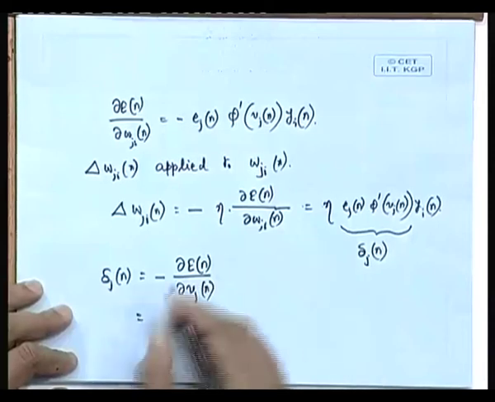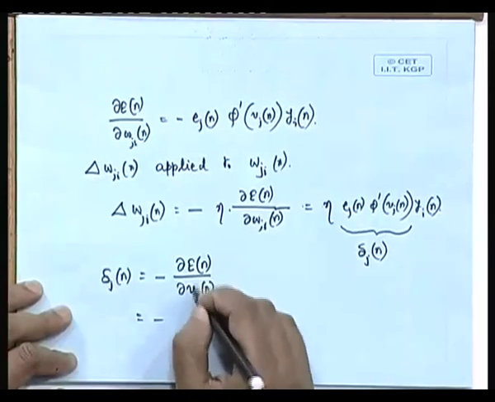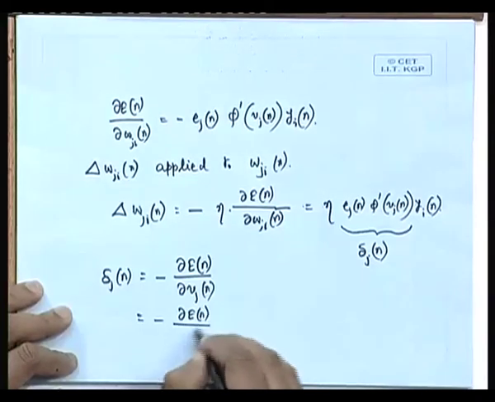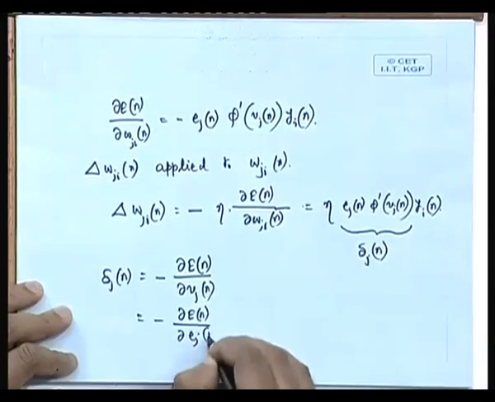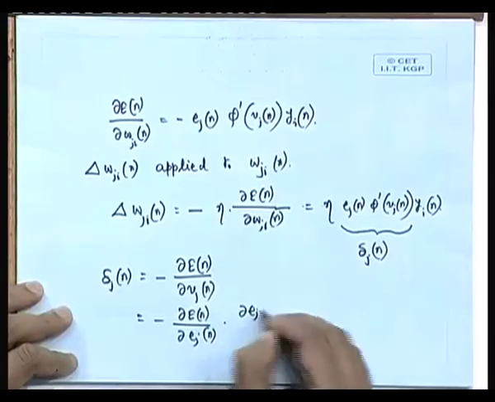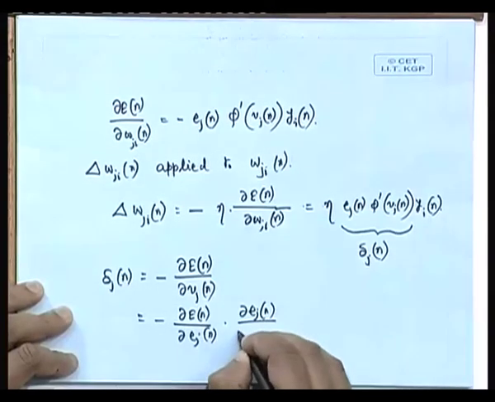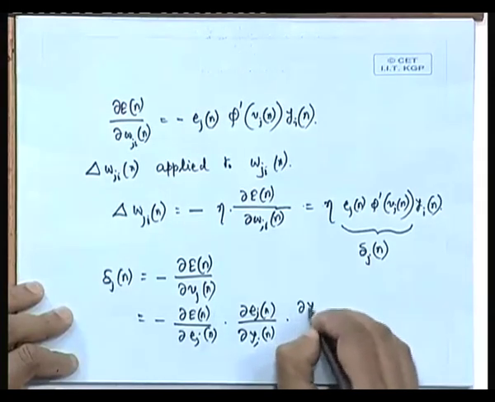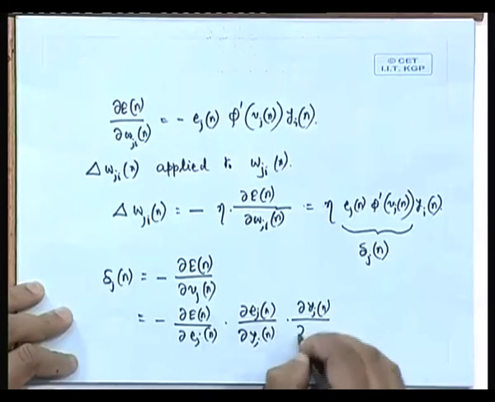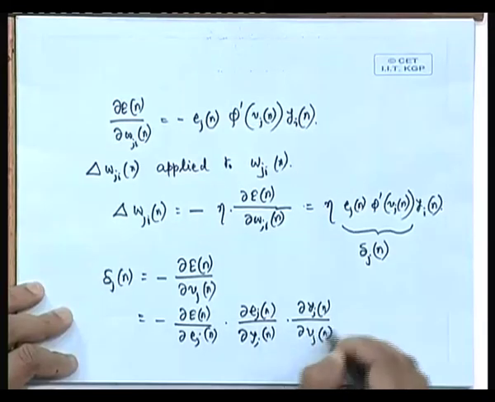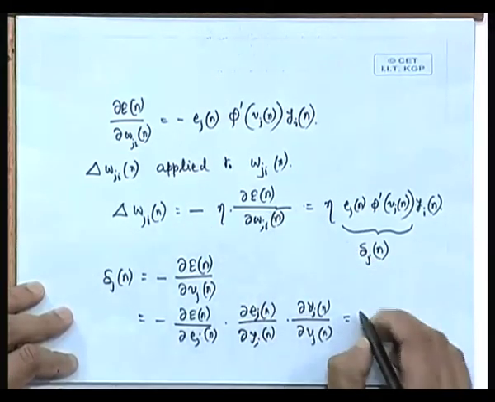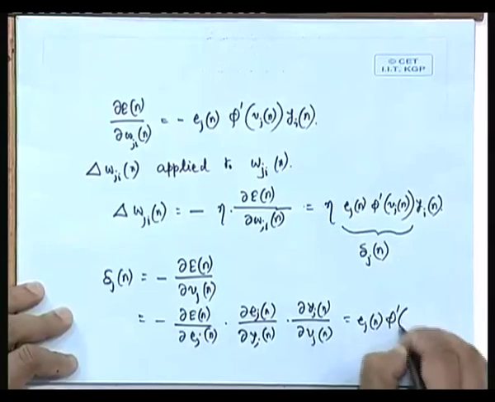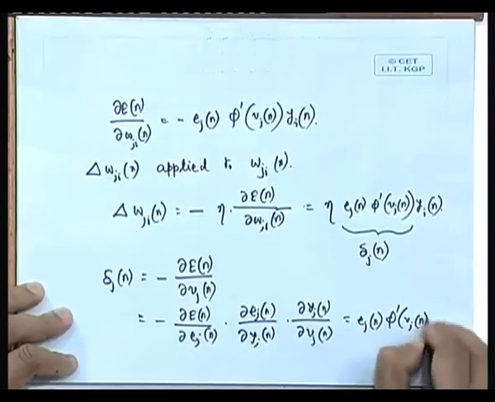So this in fact could be expressed as minus ∂E(n)/∂v_j(n). So we could express it as ∂E(n)/∂e_j(n) times ∂e_j(n)/∂y_j(n) times ∂y_j(n)/∂v_j(n), and this whole thing ultimately boils down to e_j(n) φ'(v_j(n)), right.